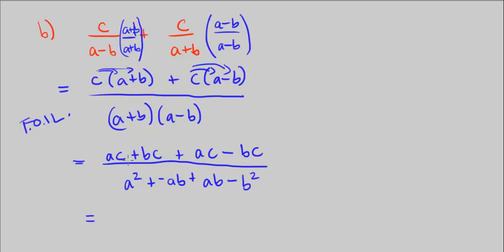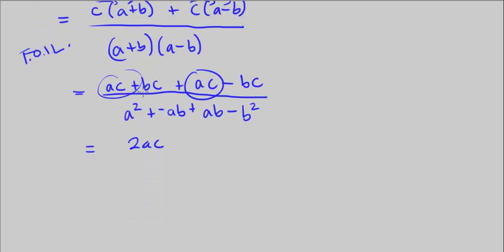Now combine like terms. ac and ac here give me 2ac. bc and negative bc cancel out. In the denominator, a squared is here, and ab and negative ab cancel out. So it's 2ac over a squared minus b squared.